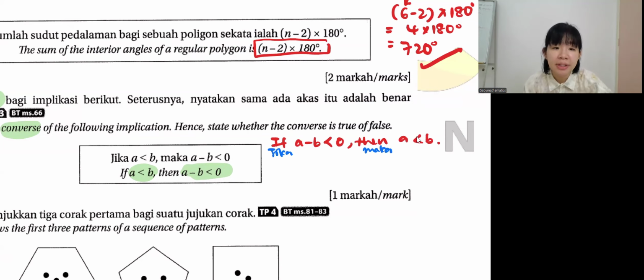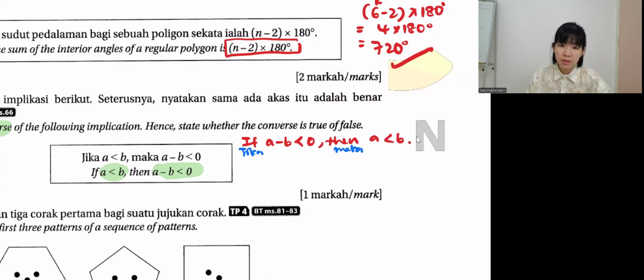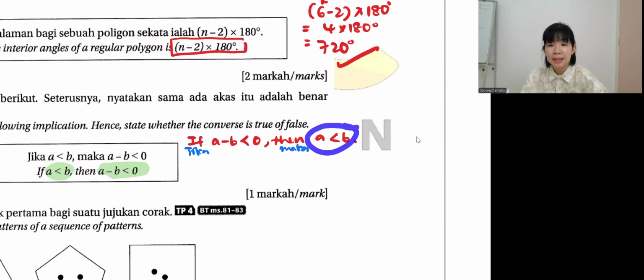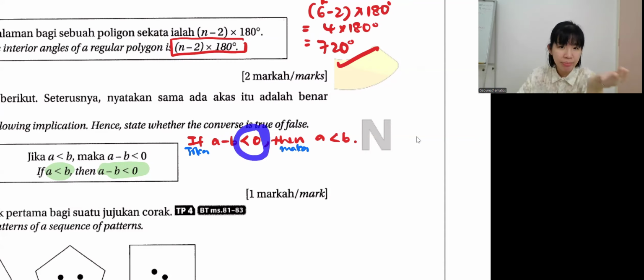Okay, after writing this converse, I want everybody to think: true or false? If A minus B is less than 0, then A is less than B. What do you think? If A minus B is less than 0, it means a negative number.